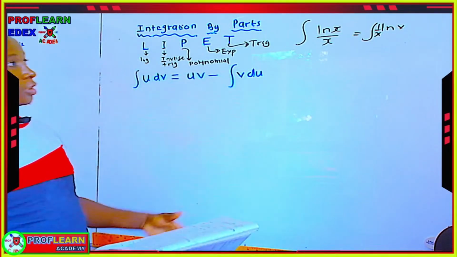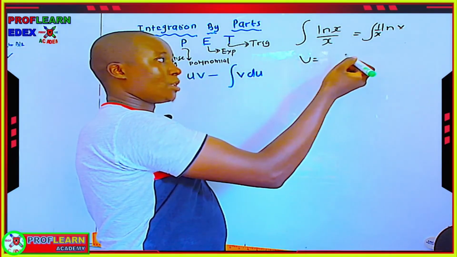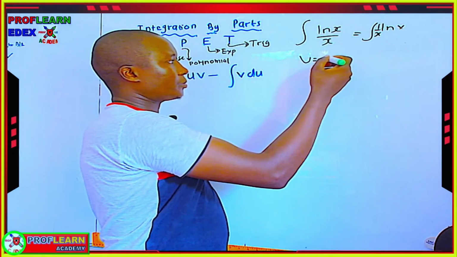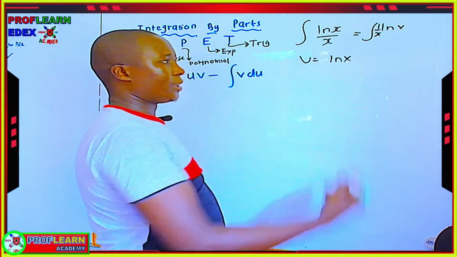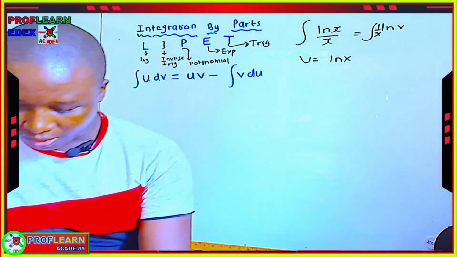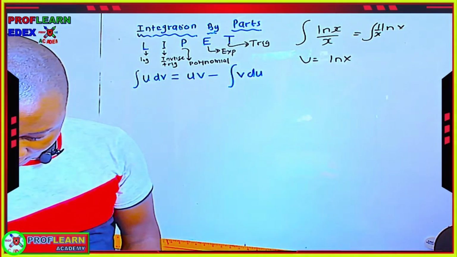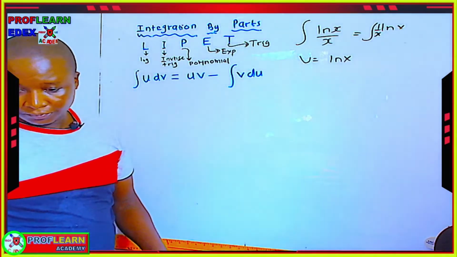Log comes first. So you are going to say that your u is going to be equal to ln of x. So basically that's what we mean in order to learn this technique of integration by parts.